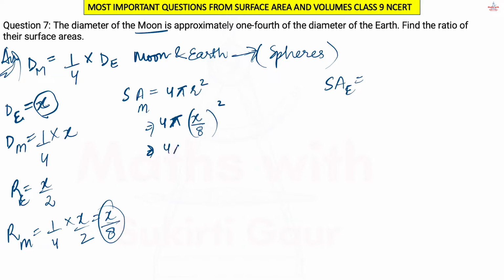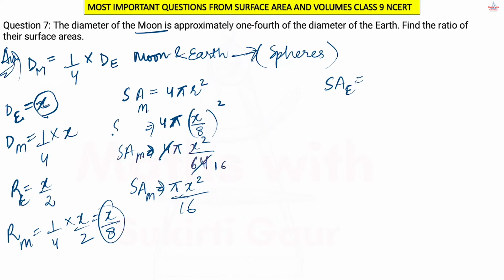So this becomes 4 pi x square upon 8 square, which is 64. Cancel it out. 4 times 1 is 4 and 4 into 16 is 64. We have got pi x square upon 16. This is the surface area of moon, right?